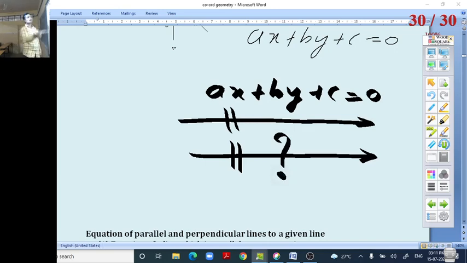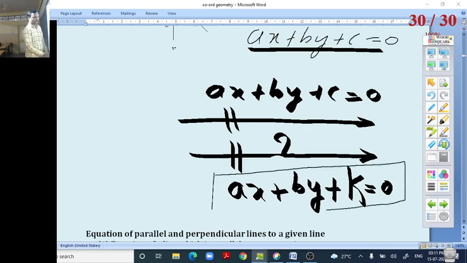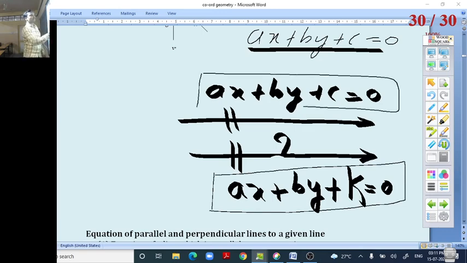Remember that there are two forms. Or generally I can write, if ax plus by plus c equals 0 is any line, then a line which is always parallel to it is always of the form ax plus by plus k equals 0. So what I am trying to suggest to you here is that the only difference between these two lines is the constant.